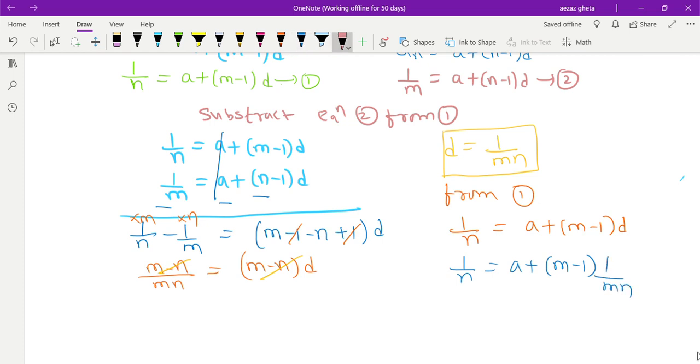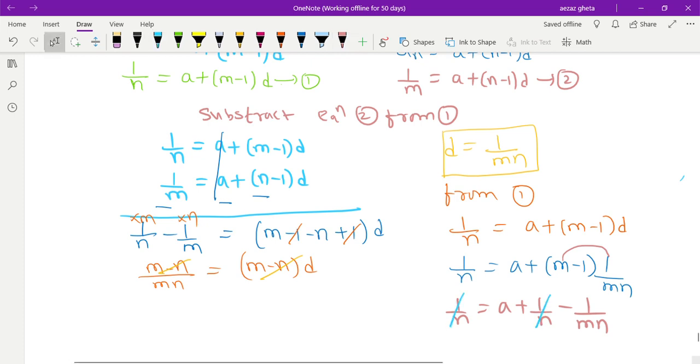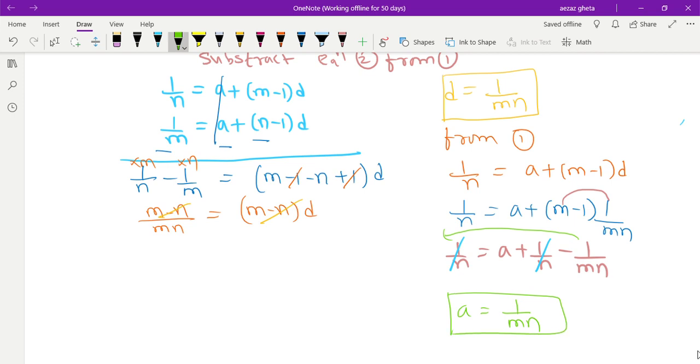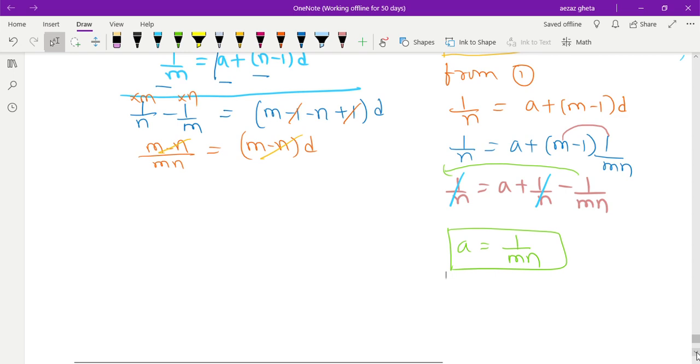Now you multiply m into 1 by mn, so m cancels, we will get 1 by n minus 1 by mn. Hope you understood. This 1 by n gets cancelled. And now you just transpose 1 by mn, and we'll get a is equal to 1 by mn.